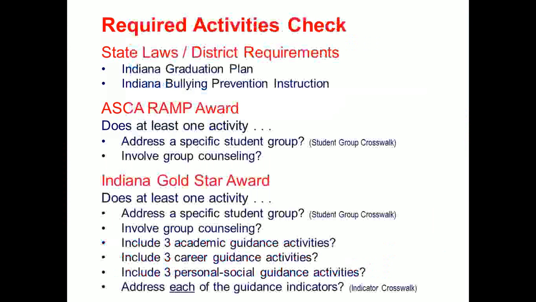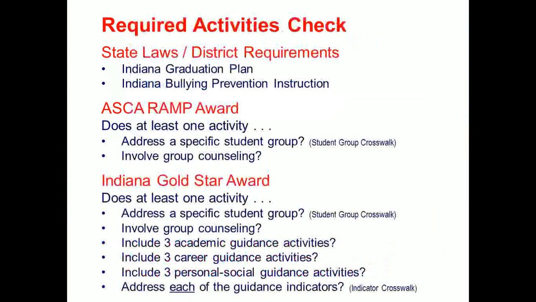Okay, then this is one last check to make sure you're meeting everybody's outside expectations. So one of the things you want to look at is state laws or any district requirements. For example, in Indiana, it's a state law that there's a graduation plan beginning in 6th grade through 12th grade. You need to make sure that you have activities in place to address that.